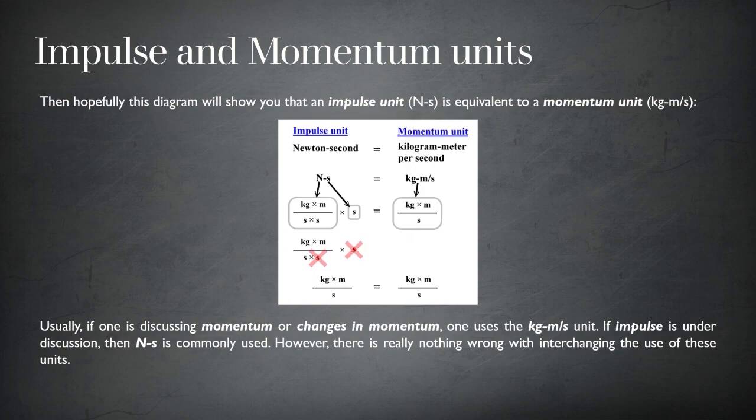We just cancel s and we get kilogram meters per second for both. Usually if one is discussing momentum or changes in momentum, one uses kilogram meter per second. If impulse is under discussion, newton second is commonly used. However, there is really nothing wrong with interchanging these units.